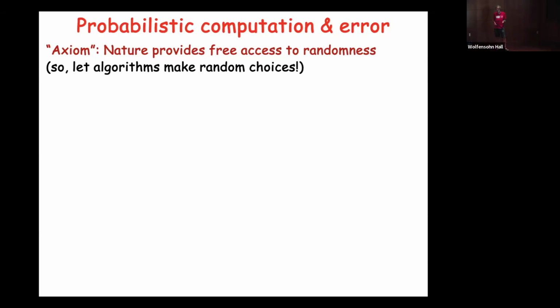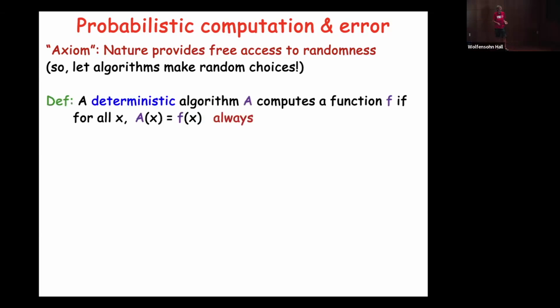And the difference between deterministic and probabilistic is that in a deterministic algorithm, everything is specified. And in particular, we say that an algorithm computes a function if it returns the correct value for every input. On the other hand, in a probabilistic algorithm, the outcome is a random variable. It can be right, it can be wrong.